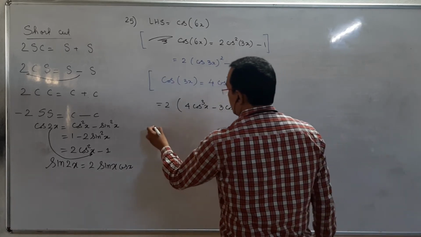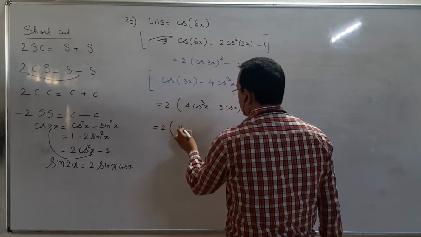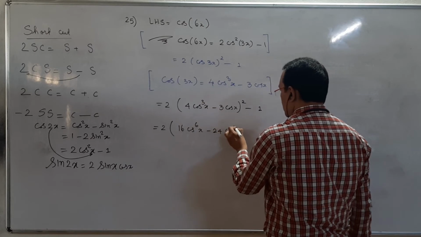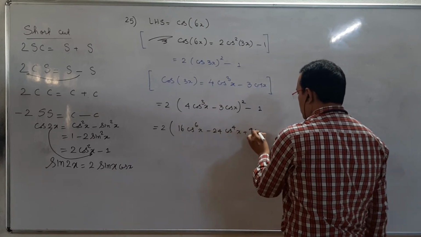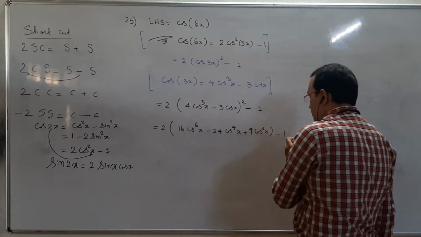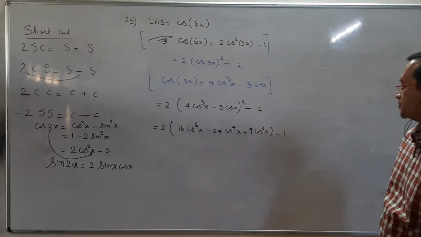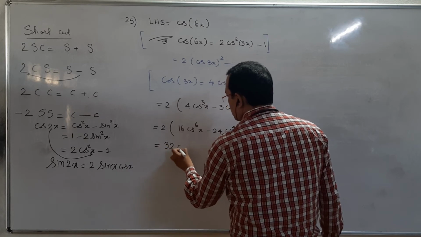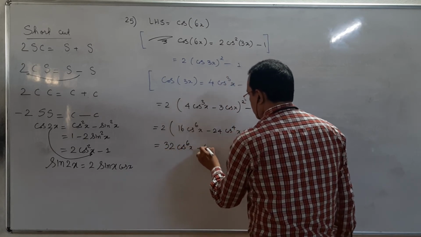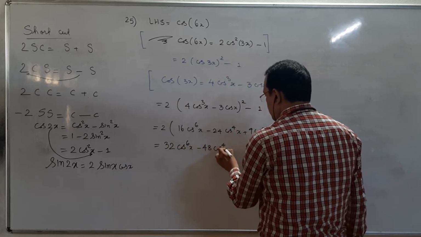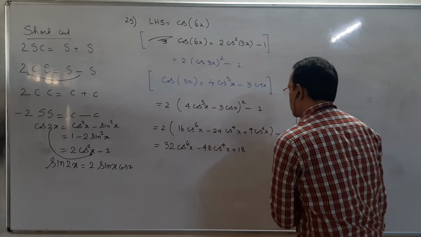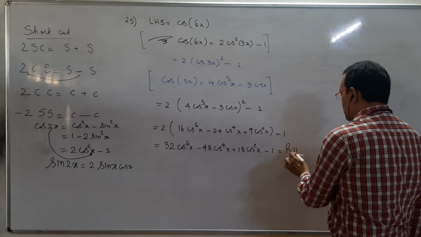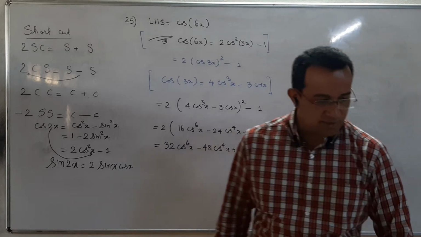So this is equal to 2 into 16 cos x to the 6 minus 24 cos x to the 4 plus 9 cos square x, minus 1. Multiply by 2. So we get 32 cos x to the 6 minus 48 cos x to the 4 plus 18 cos square x minus 1, which is our RHS.